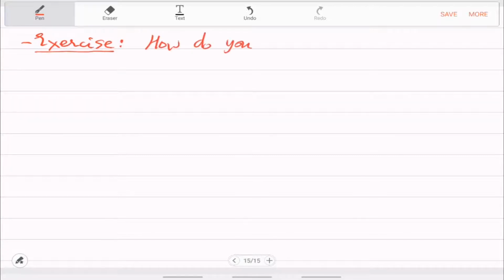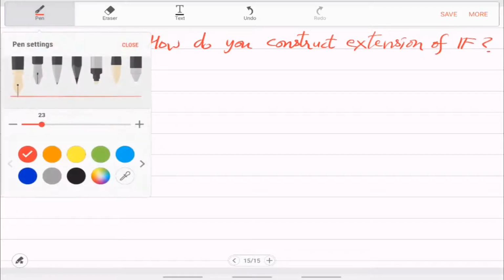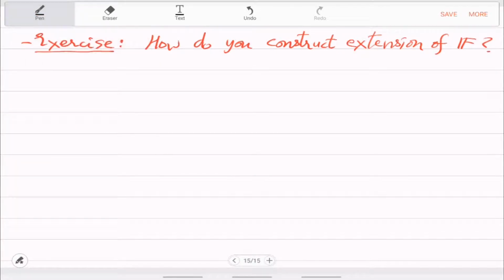How do you construct a field extension of F? If F is small, how do you construct field extensions? Can you do it fast? It can be done actually very fast. It can be done in poly-S time. So do it in poly-S time.